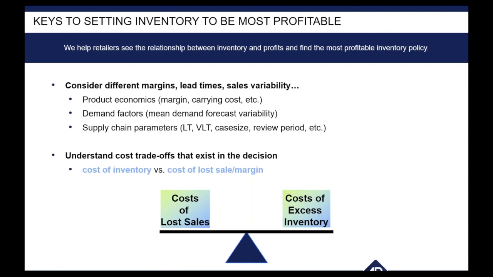But as any of the factors change, whether it's, again, the economics of the quantities involved or more likely demand, either in volume or variability, or even more likely supply chain parameters, case size, review period, then any change in any of those input parameters would lead to a different optimal service level.